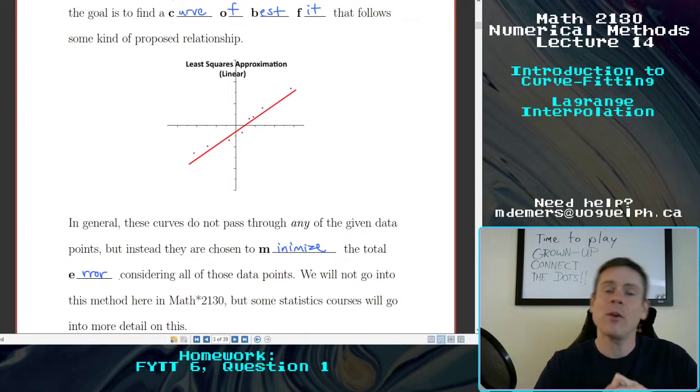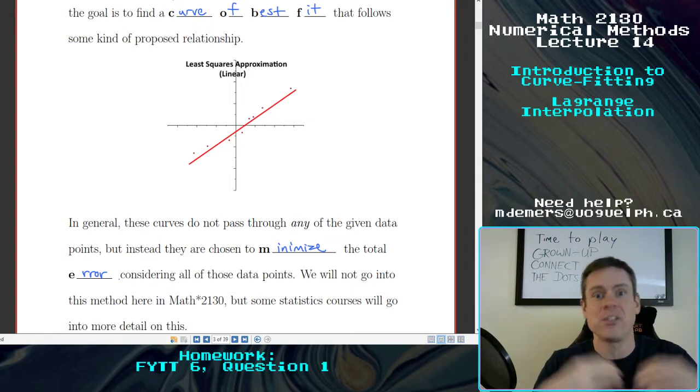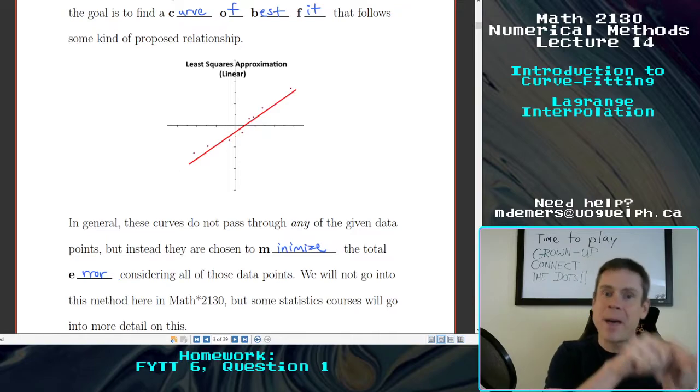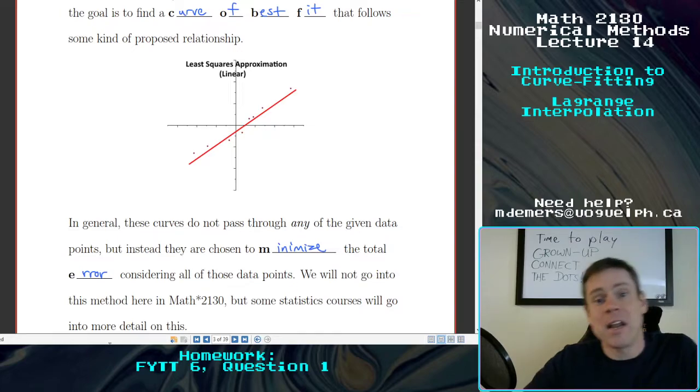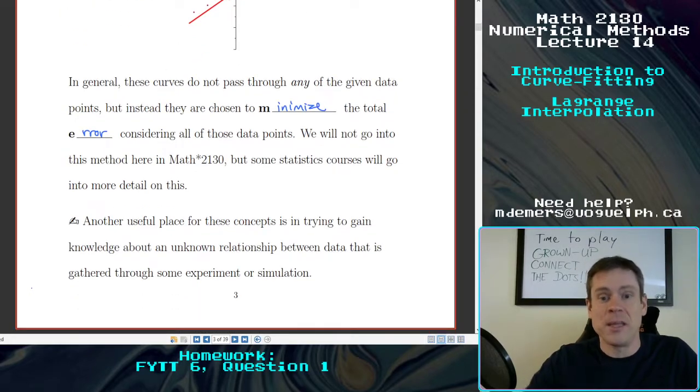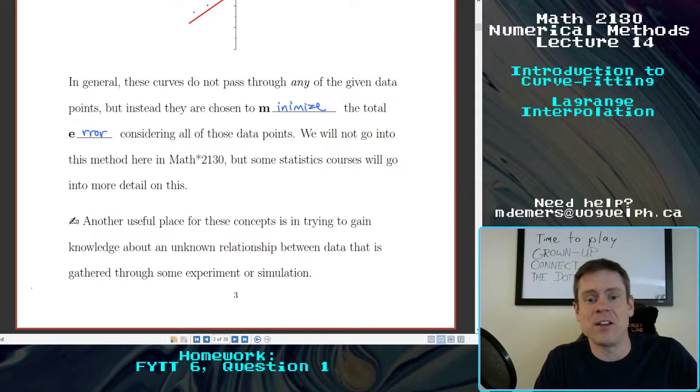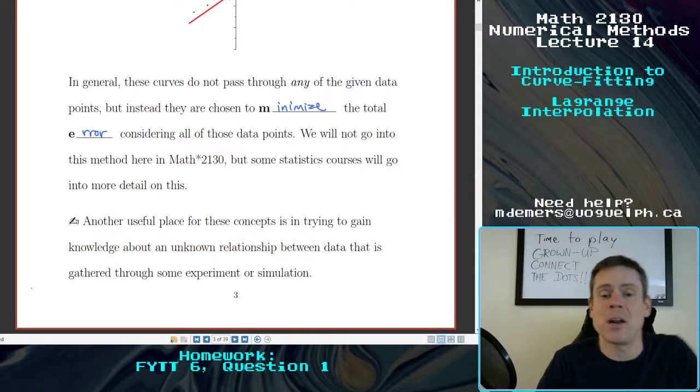But it's not going to be an interpolant specifically because it doesn't necessarily pass through all of those points precisely. But I'll let other statistics courses flesh out that knowledge a little bit more. Okay.